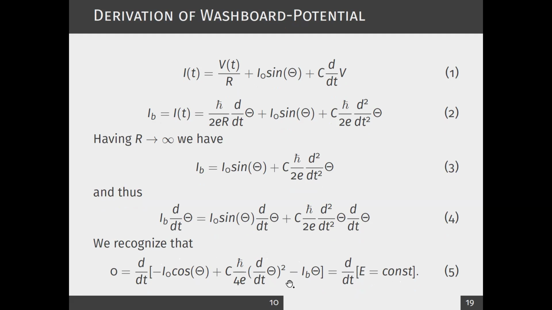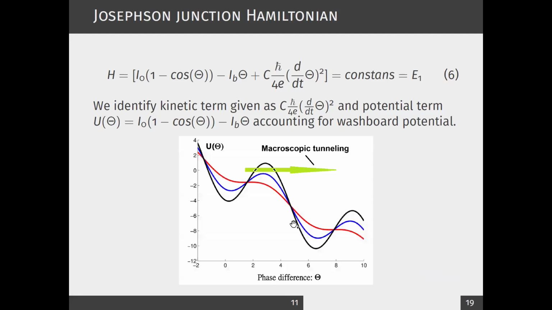Yeah, is it intuitive somehow, Wojtek? Is it intuitive? Yeah. All right. So this postulate will be that the Hamiltonian is of the following form: I0 times 1 minus cosine theta.